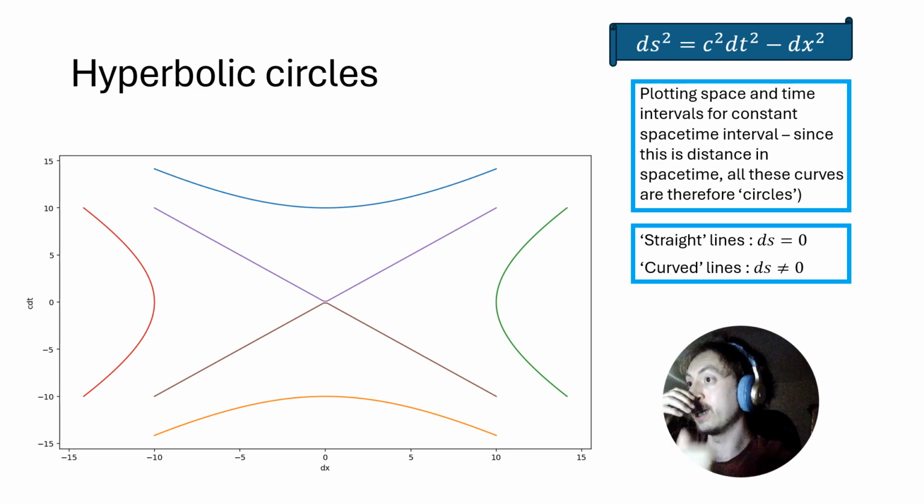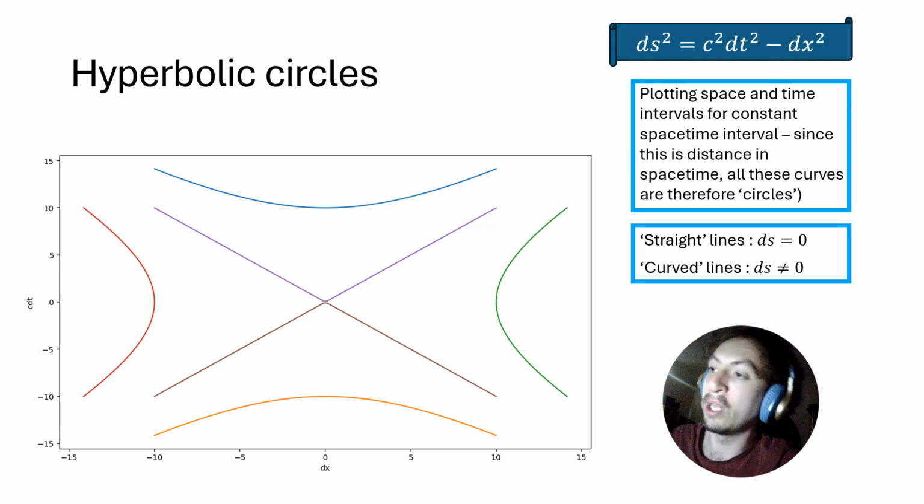Now, in Euclidean space, there is no extended object which is at 0 distance from the origin of the coordinate system, because the only way you can get 0 distance using Pythagoras' theorem is to set all the components of your vector equal to 0, meaning that your entire vector will lie at the origin.